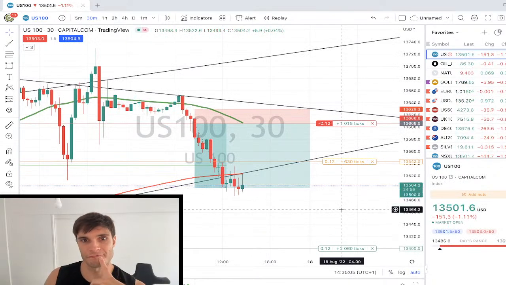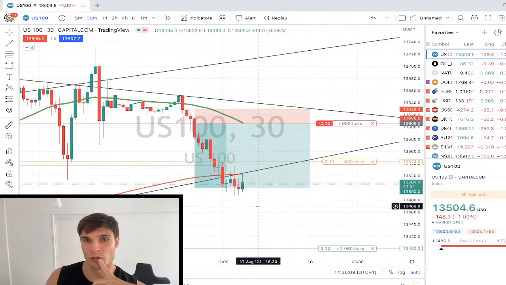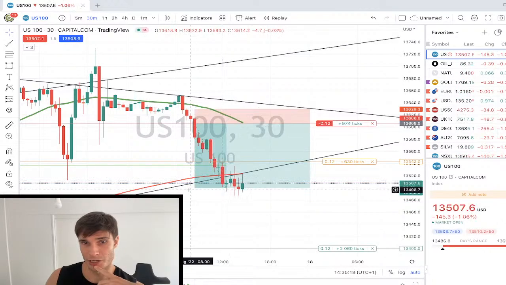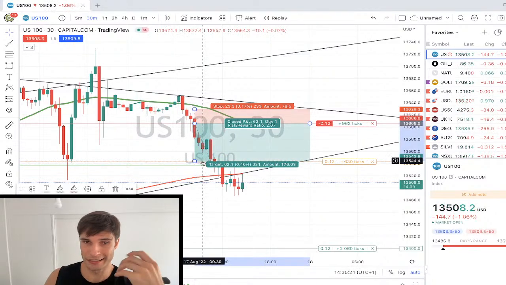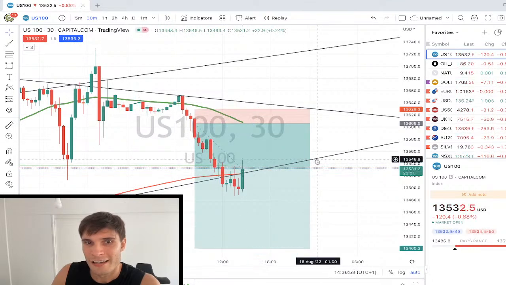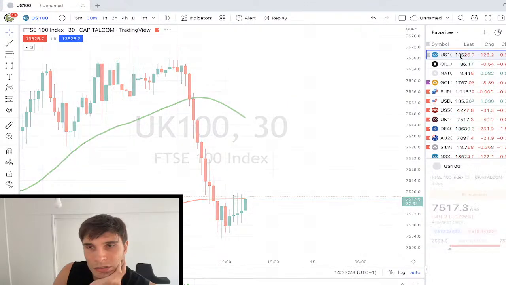All right, let's see if we can keep heading down. This was a good one, by the way. This was a 4.5 to 1 risk reward ratio. If it hits this break-even stop, it's still 2.6 to 1. I wouldn't want to enter a short right now because of this, but I also wouldn't want to enter a long. Let's take a look.